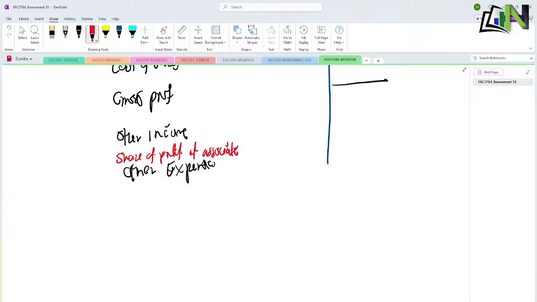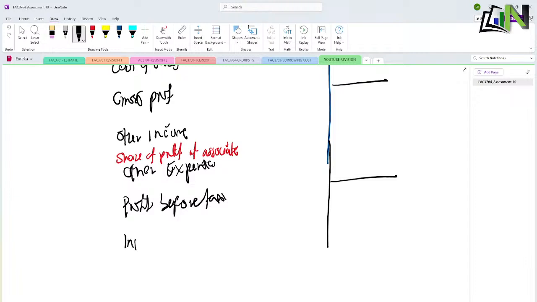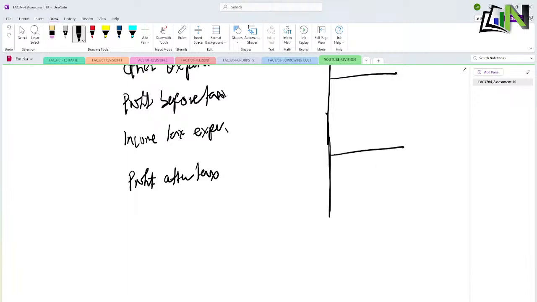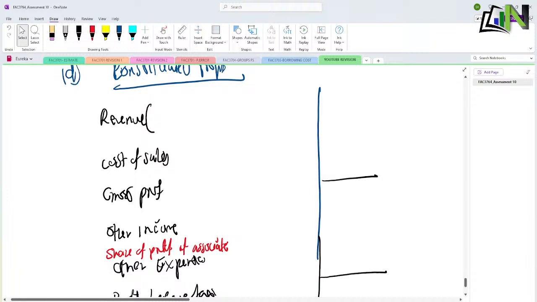Okay, then we have profit before tax. All right, then we're going to have our income tax expense. After that, we're going to have our profit after tax. Okay, right, so we'll rather go this route. I feel like this route is always safe. It's a very, very safe route.